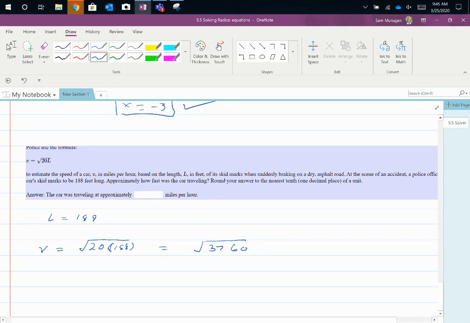Take the square root of that number. And we get that this car was traveling approximately, they specified here to round your answer to 1 decimal place, so this is approximately 61.3 miles per hour.